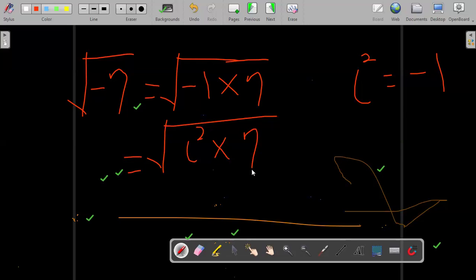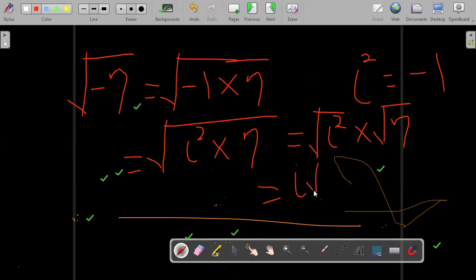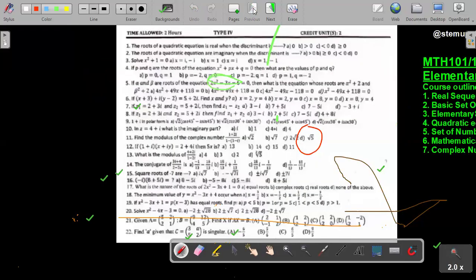If I apply the law of surds, that will give us the square root of i squared times the square root of 7. I can take the square roots individually. i squared will now give us i, and root 7. So the square root of -7 is i root 7. Let's go back and see which option is correct. That is i root 7, which is option A, the correct option.